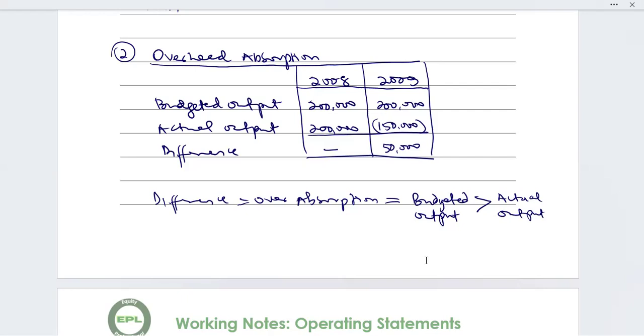For example, depending on when a company is preparing its budgets, you could have planned for the following year to say this is how much overhead you are going to incur and how many units you are going to produce in the subsequent year.